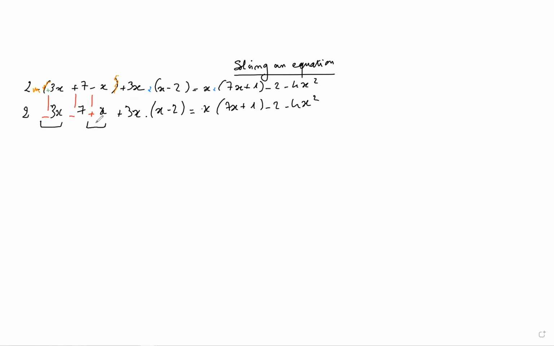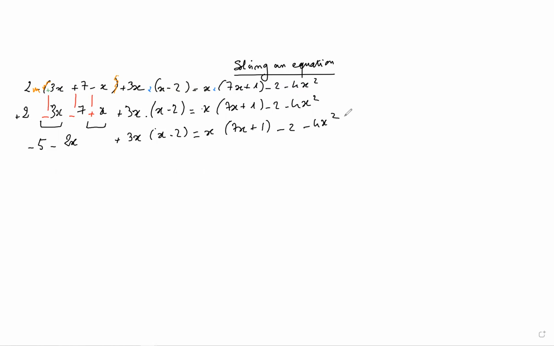I lost 3x and I earned 1, so I lost 2x, and here I earn 2 and then I lose 7, so I can say that in the end I lose 5. I lose 5 constants, okay, and I lose 2x, and then the rest of the calculation is yet to be done. Here I can't compute anything more.